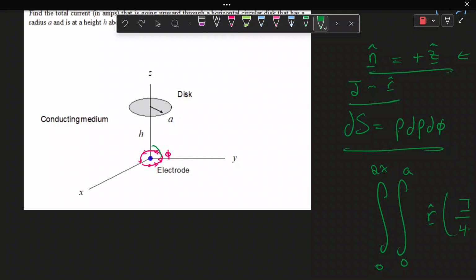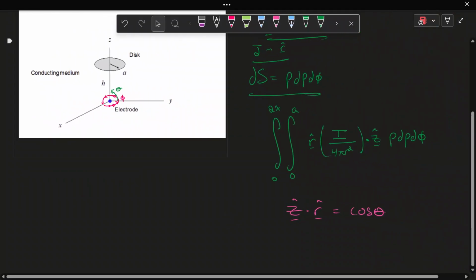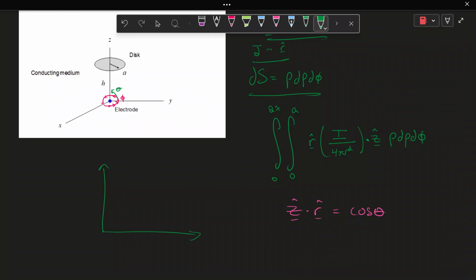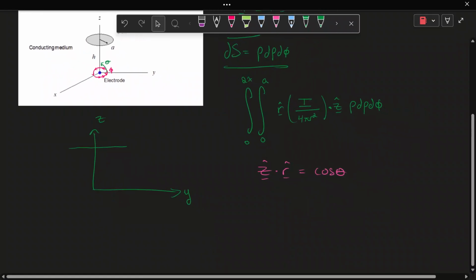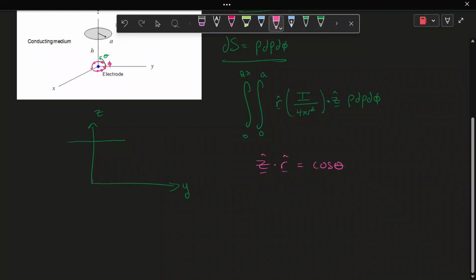It will be the angle going up and down, sort of like an elevation angle. This is theta. This is important because whenever we draw this out, let's look at the yz plane, if we were to have it flat, we have y, we have z, and on the z we have a circular disc, so really it looks like a line looking straight, horizontally. And we have our point charge here at the origin.